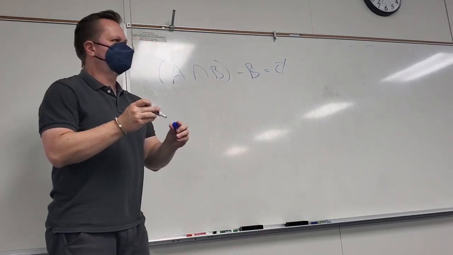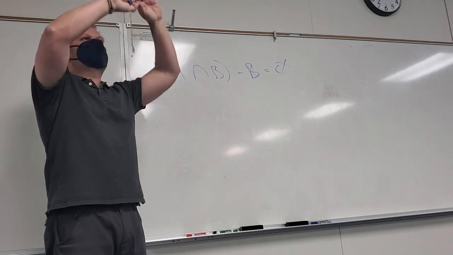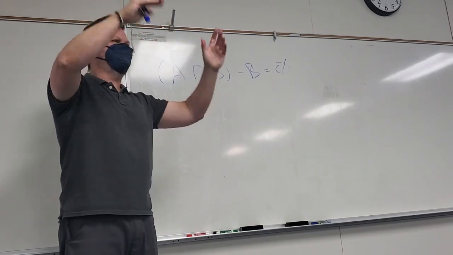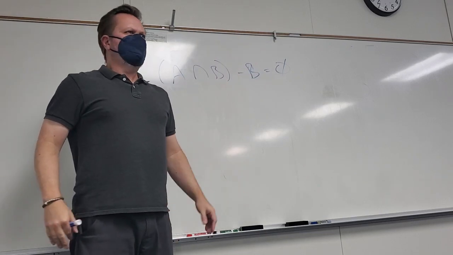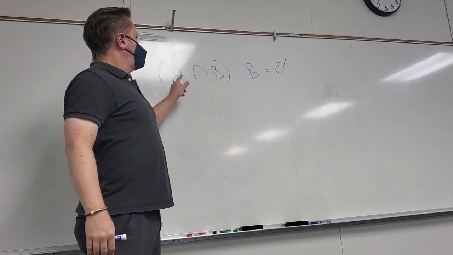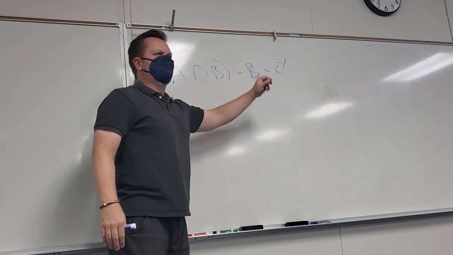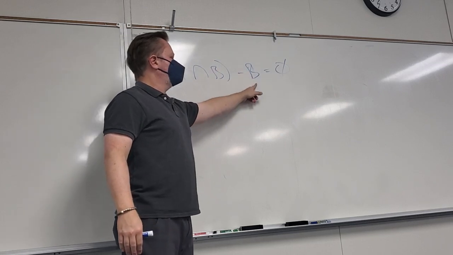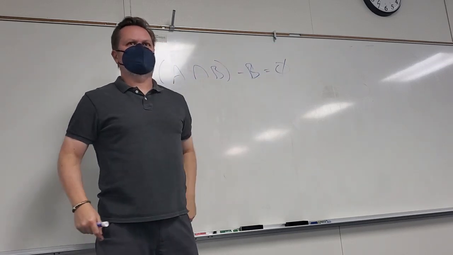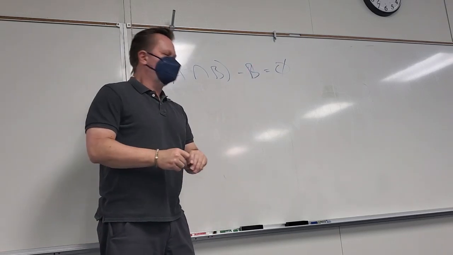So they want you to draw a picture with set A as a circle and set B as a circle. They could touch, they could not touch, one could be in the other. And if you do this with the picture you draw, you end up with nothing left. So A intersect B minus set B is nothing. They want nothing left when you do that.